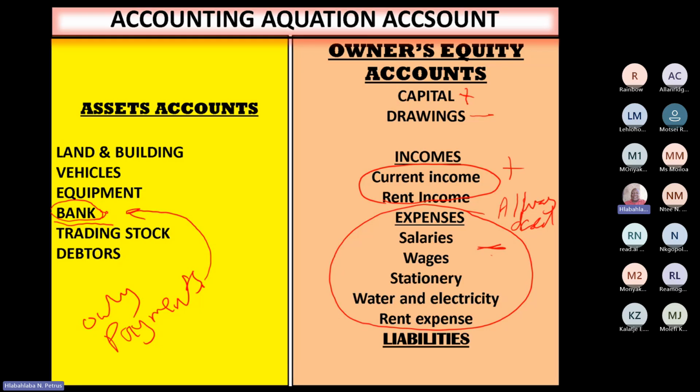Just to catch up when we go to the transactions, you should remember those basics. What is important is that the assets can be either plus or negative, depending on the transaction. What does the transaction say? When the asset increases, it becomes plus. When it decreases, it becomes minus.